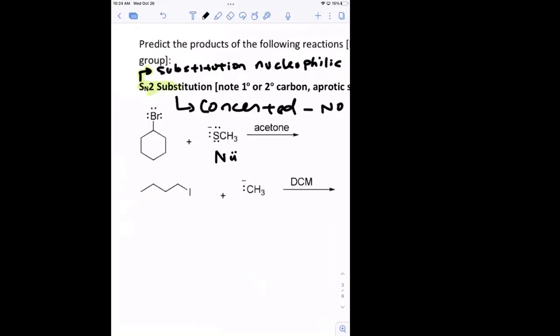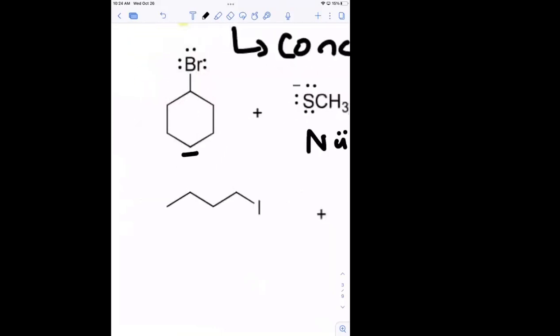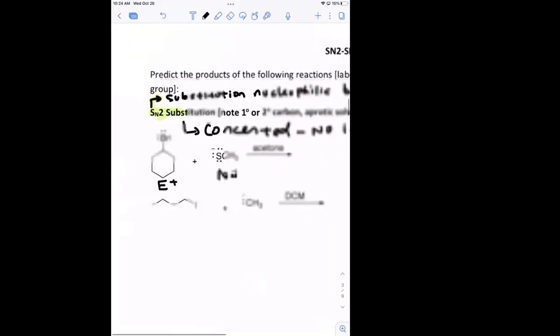All right, so that's my nucleophile. By default, what is the alkyl halide over here? That's my electrophile by default. Once I find the nucleophile, the other molecule is by default the electrophile.